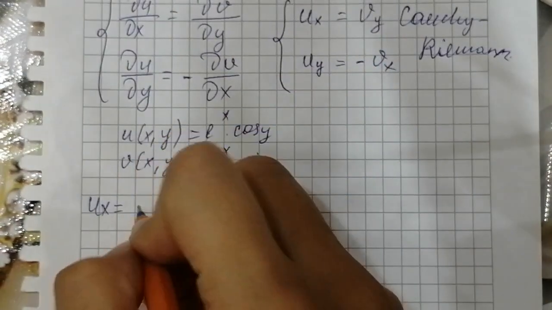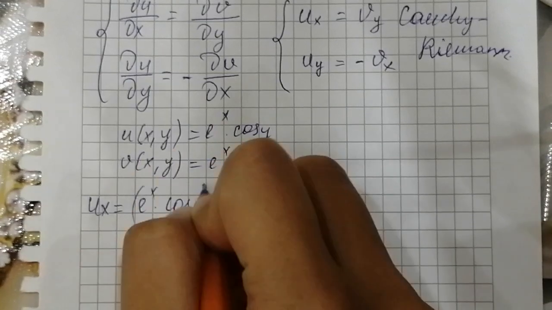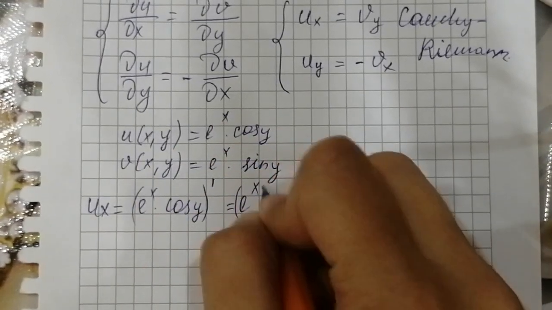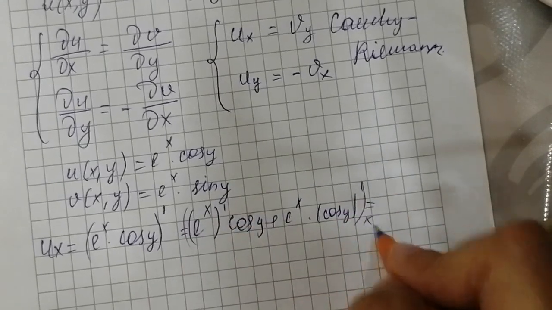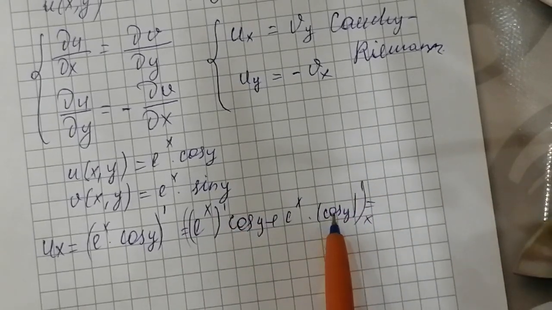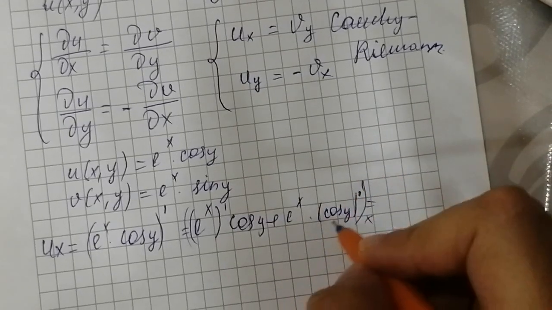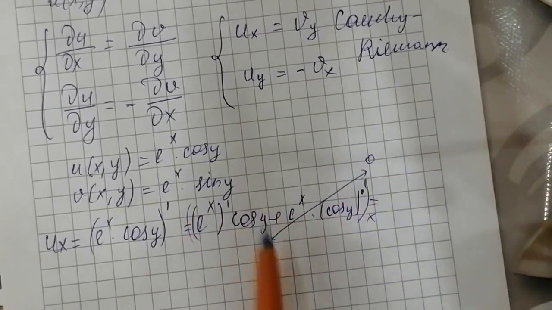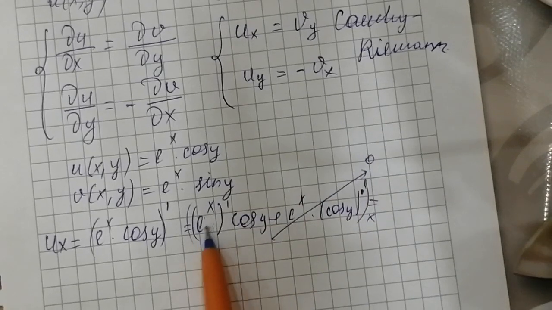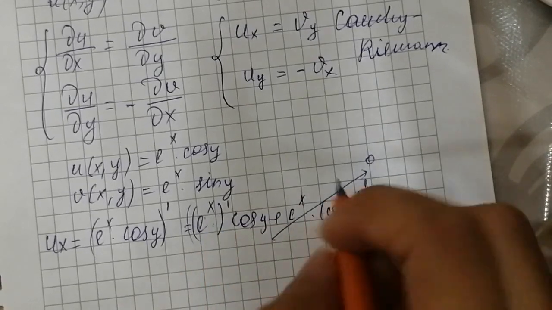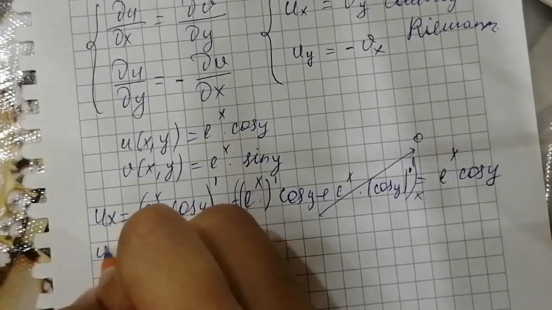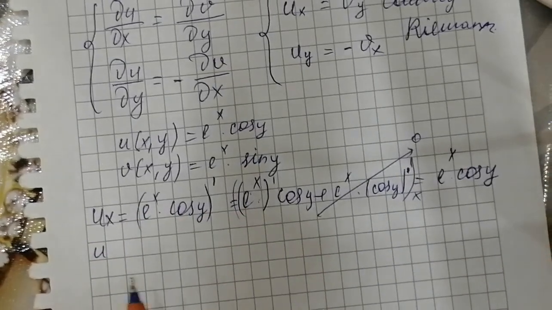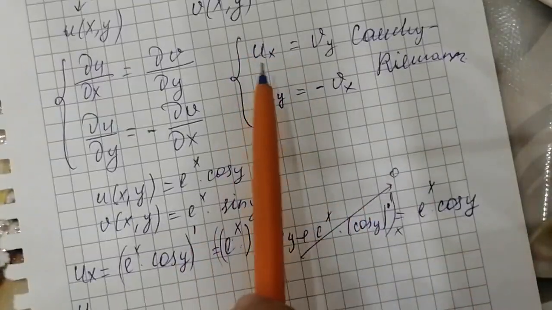Derivative of cosine y with respect to x is equal to 0, and the derivative of exponential x is equal to itself, so it is e to the power of x times cosine y.